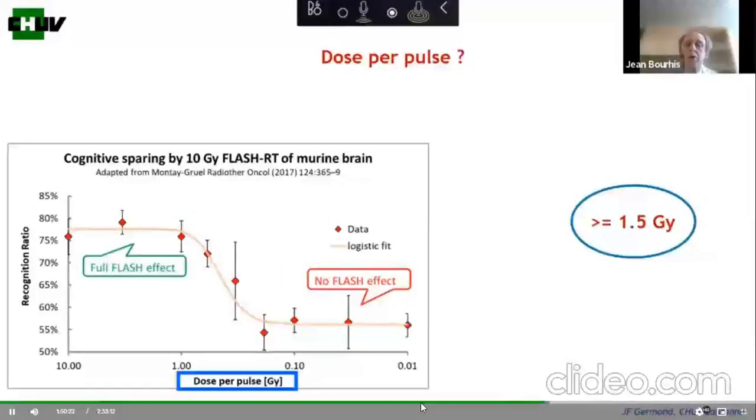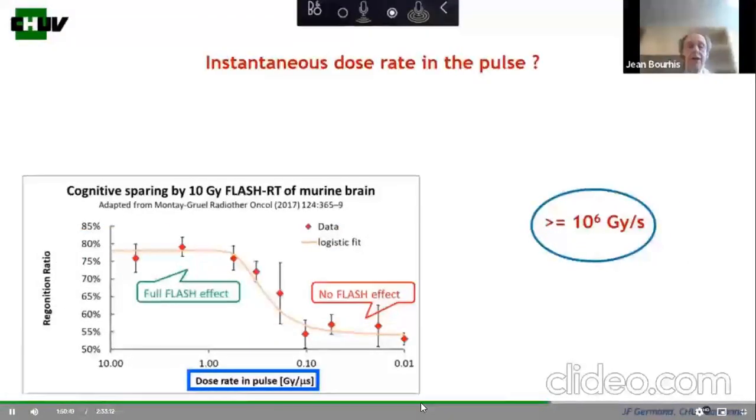Same for the dose per pulse. If you are below 1.5 gray, you see that you start losing the flash effect. It's difficult to say which parameter is the most important because all these parameters are interconnected.